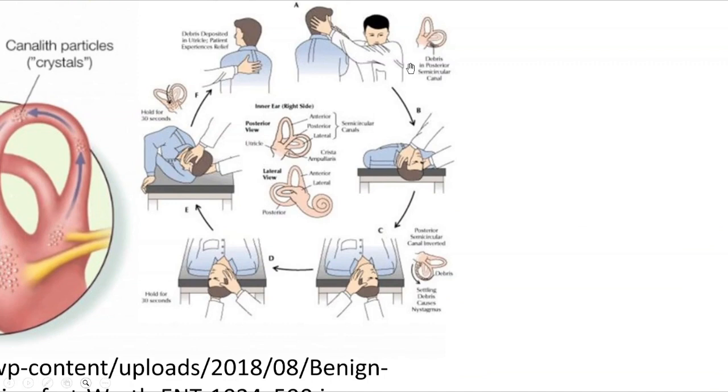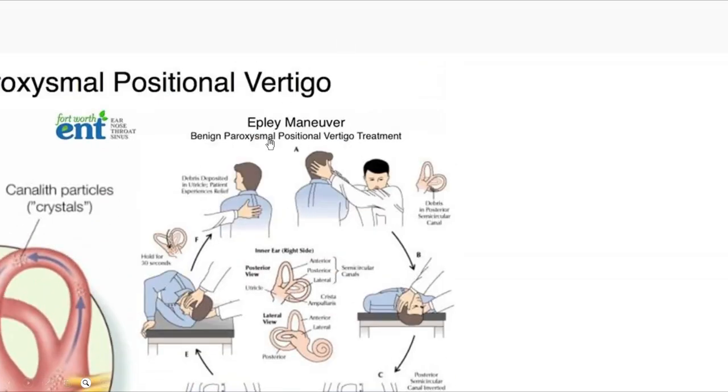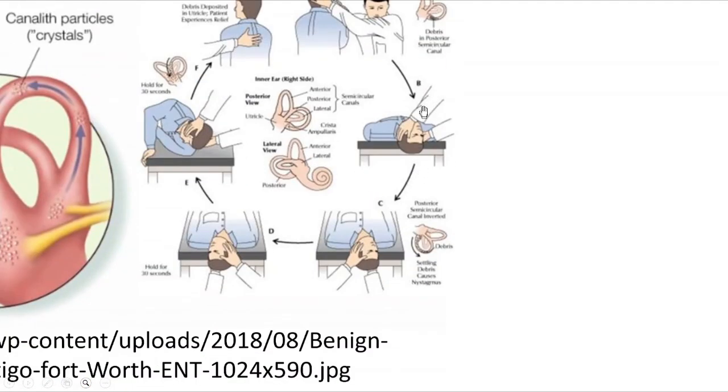So this deposition of debris in the posterior semicircular canal causes the symptoms of the syndrome. And when the person performs this maneuver, the posterior canal gets inverted, and the debris starts to settle, and because of that there is nystagmus.